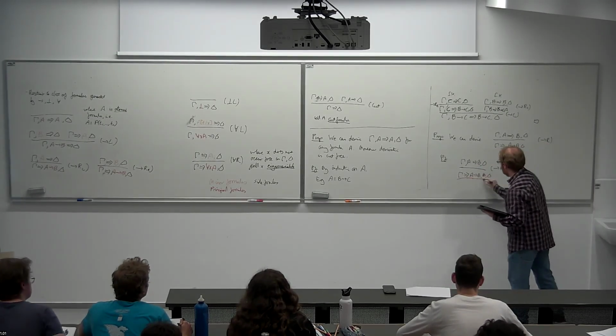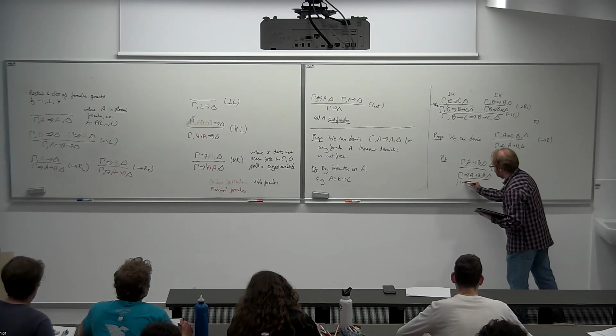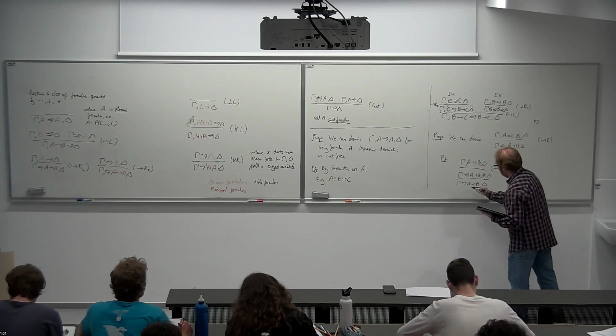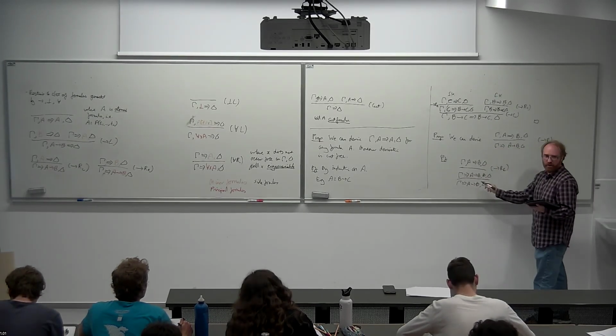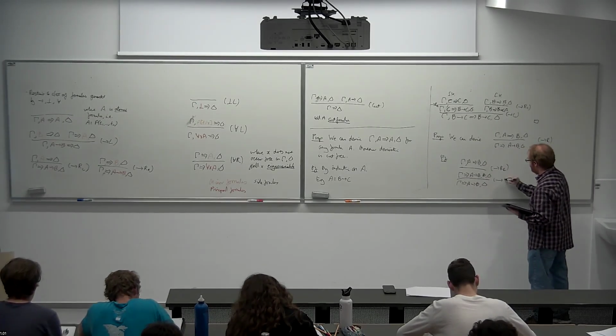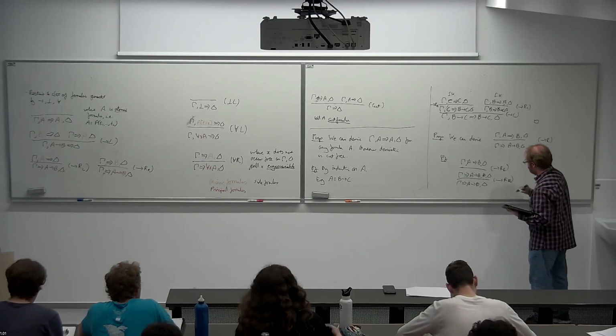Then we use the other implication to get this sequent with just A implies B and no B on the right, since this is an instance of the implies right rule.